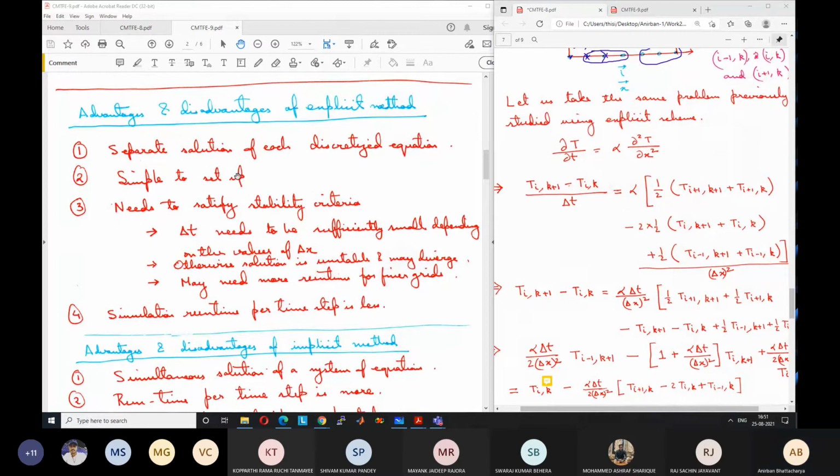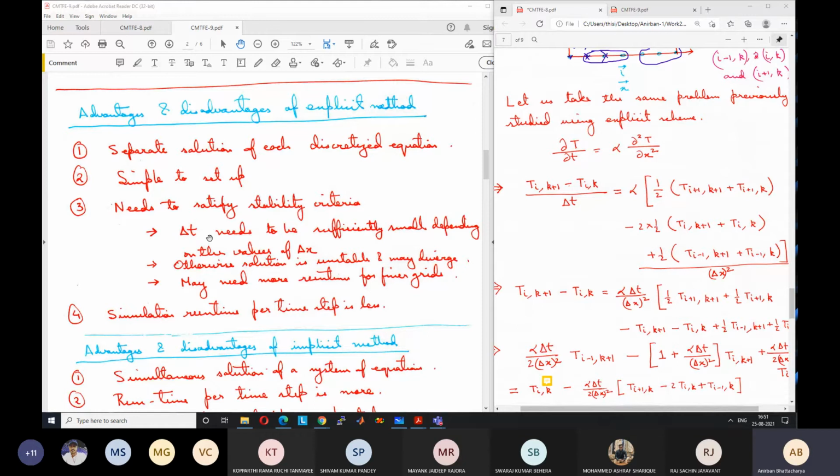However, we will see later that it needs to satisfy a criterion, the stability criterion. What is this stability criterion? If you have not done this course, the stability criterion dictates what the value of the time step should be, and this depends on the properties and the space step delta x value.